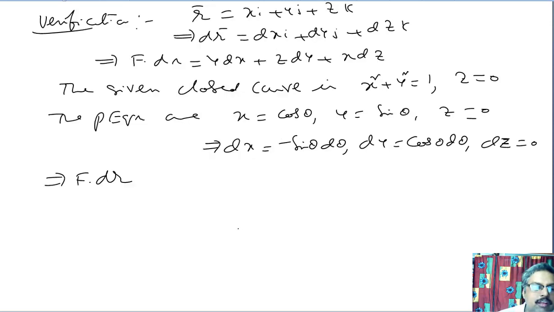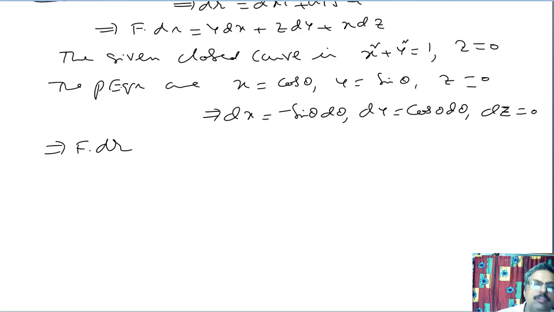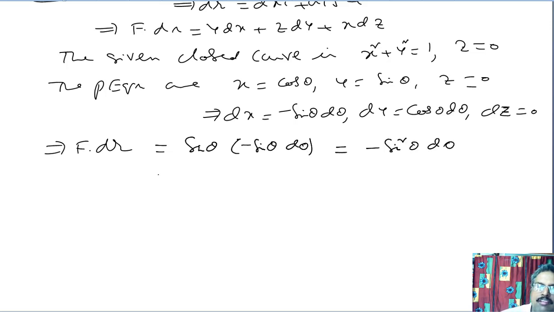Now f dot dr. F dot dr equals y, sin theta, into minus dx, which is minus sin theta d theta; z is 0, dz is 0, the remaining two terms are zeros. So minus sin square theta d theta. This can be written as minus of (1 minus cos 2 theta) by 2.